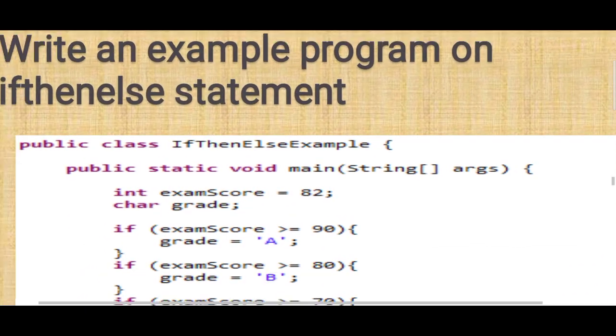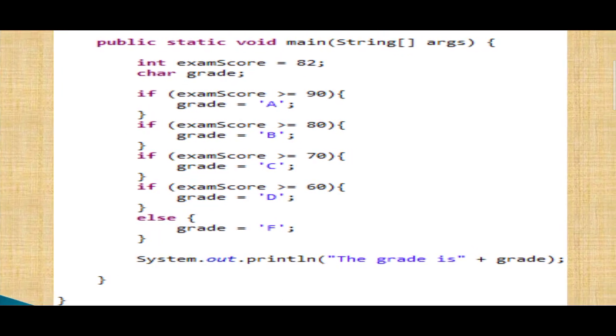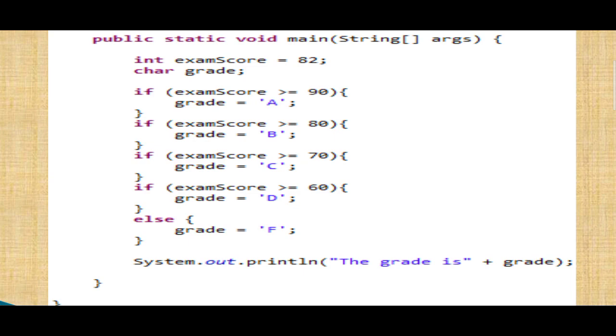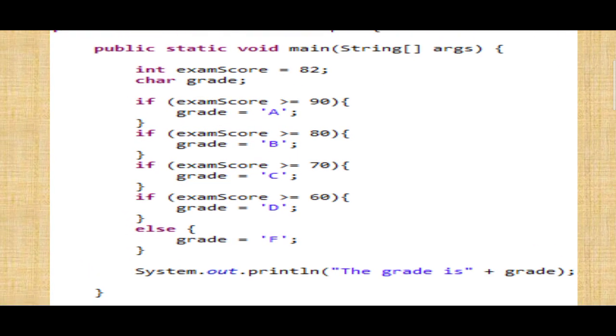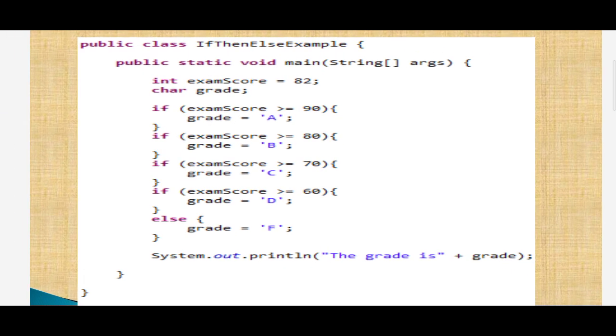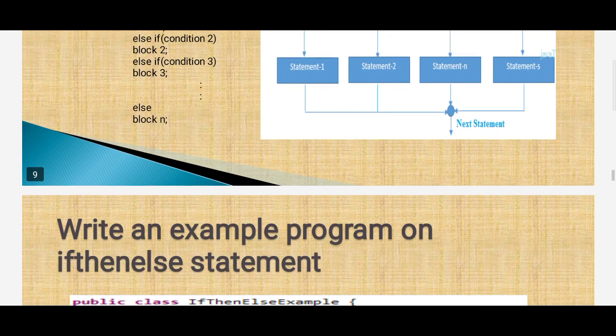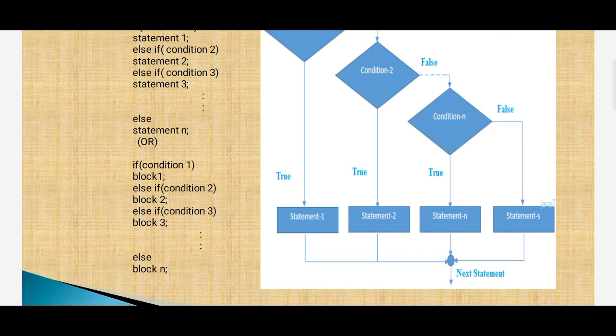This is the example. We have taken the options of if conditions, then execute the statements; otherwise, in the else part, go to grade F. Here it is written wrong.